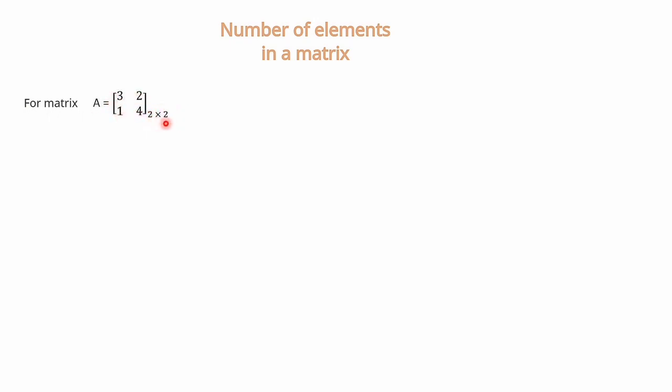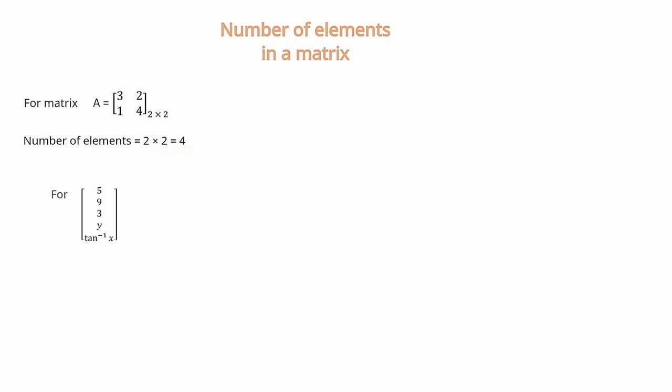Next, we shall discuss how to find out the number of elements in a matrix. For matrix A is equal to 3, 2, 1, 4 of order 2 by 2, meaning 2 rows and 2 columns, the number of elements can be calculated by 2 into 2, the number of rows into the number of columns. So 2 into 2 is equal to 4.